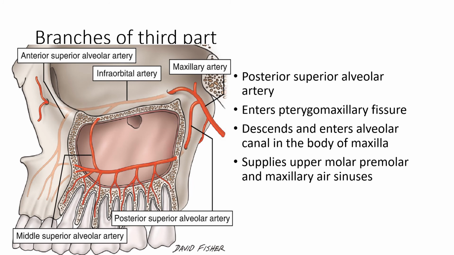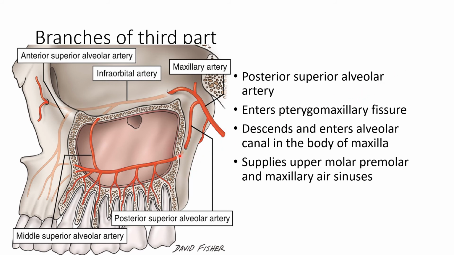Then the branches which come from the third part: basically six branches come from the third part of the maxillary artery. The first one is the posterior superior alveolar artery.